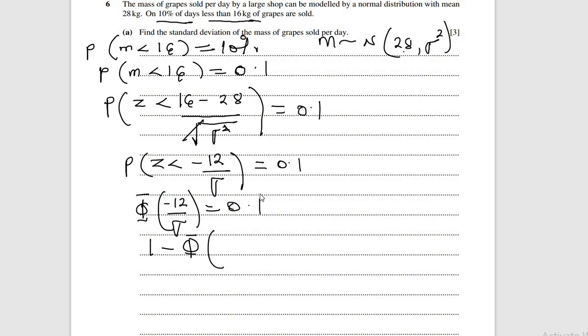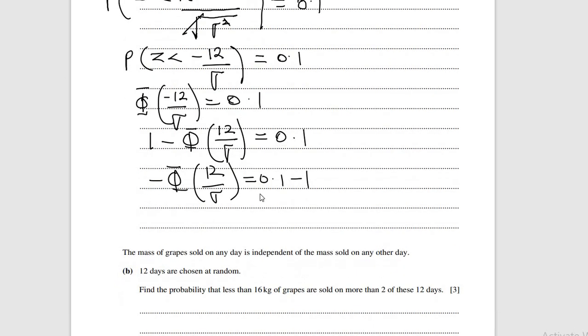Don't forget, I almost missed that. That's where the 0.9 is coming from. So minus phi of 12 over sigma is 0.1 minus 1.